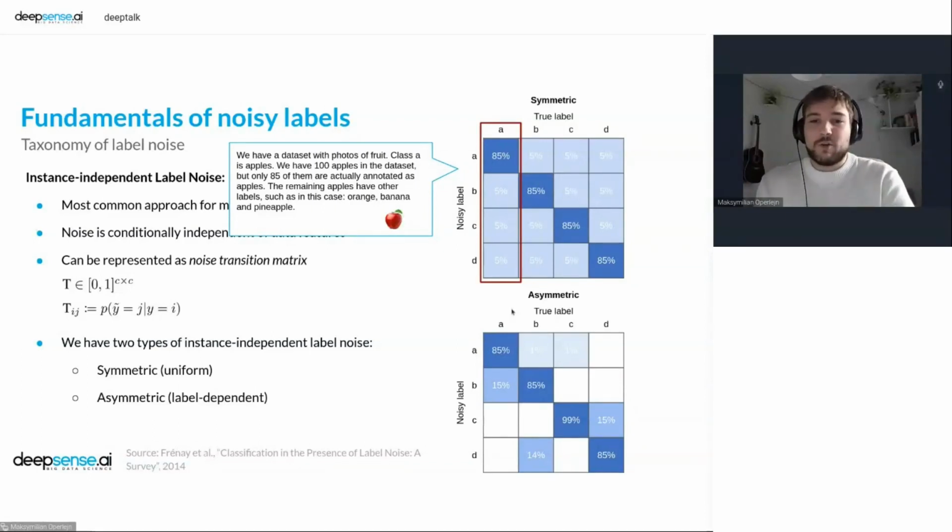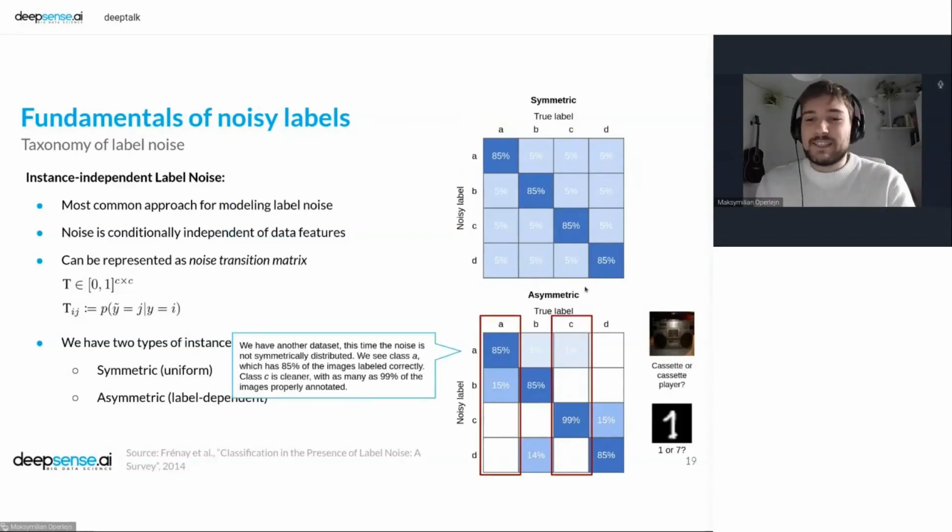Then we got a more real scenario, when there is an asymmetric noise transition matrix, which means that some classes are more probable to be flipped into another and some not. So for example, here we can see once again we got 85% of label A actually annotated as A in the dataset, and 15% that it will be annotated as B, as an example.